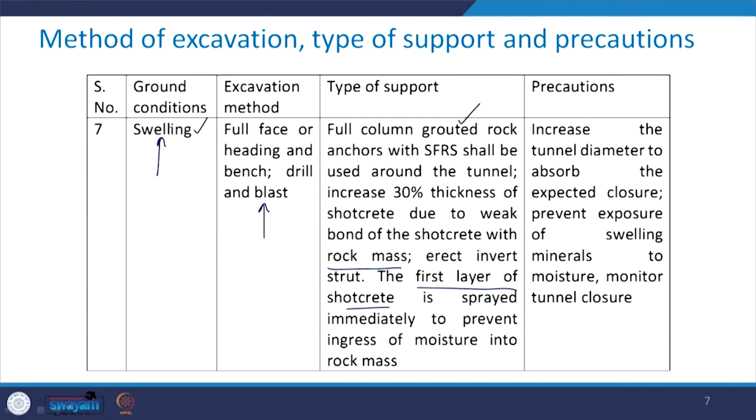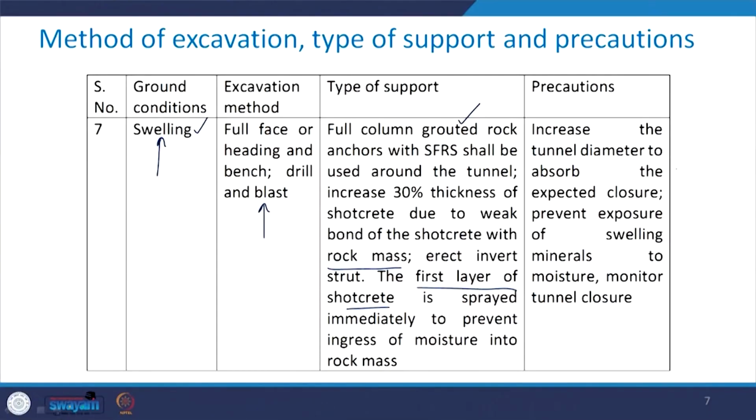So therefore, if you just spray the first layer of the shotcrete immediately, this will prevent the ingress of the moisture into the rock mass, and therefore this swelling characteristic can be controlled to some extent. Again, in this case, we need to increase the tunnel diameter to absorb the expected closure.